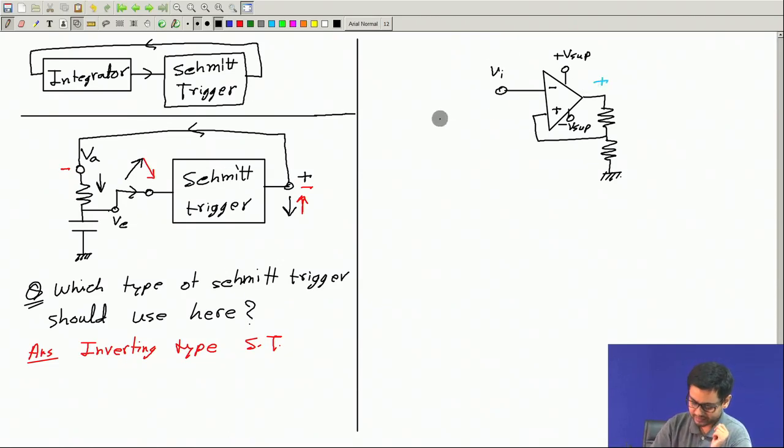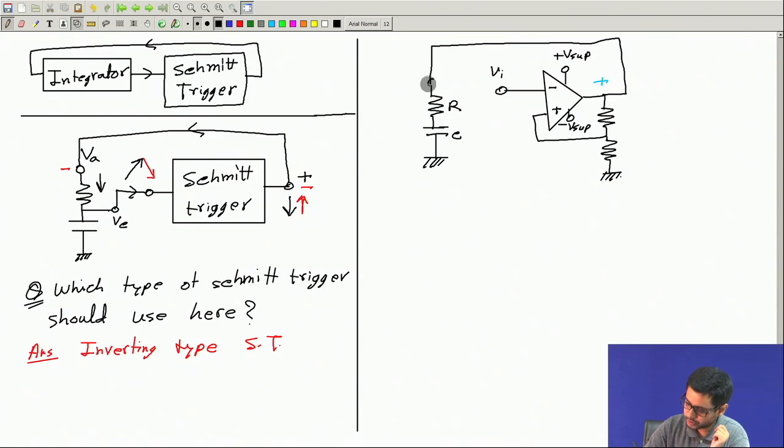Fine. And just before this, we will connect this RC circuit, which acts like a kind of integrator. You connect this here. No, sorry, this comes from the output to the input, and this output goes there.